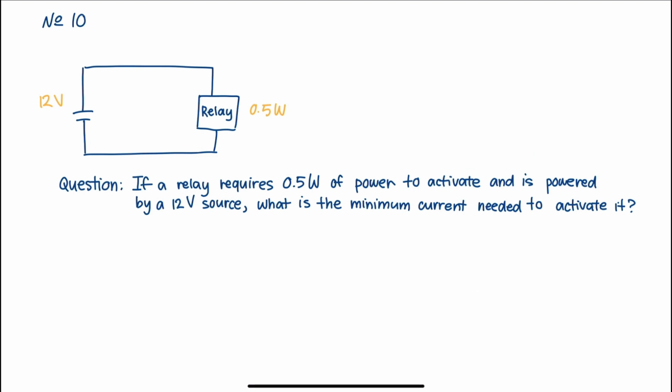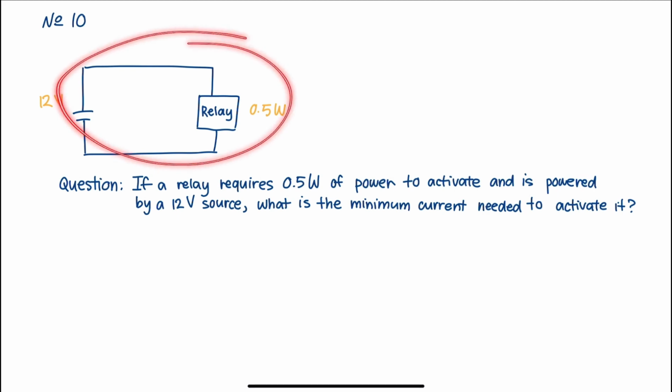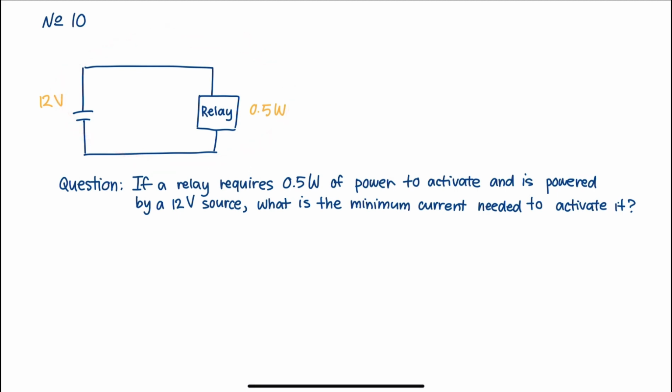In question number 10, we have a circuit again. It says, if a relay requires 0.5 watts of power to activate and is powered by a 12-volt source, what is the minimum current needed to activate it?